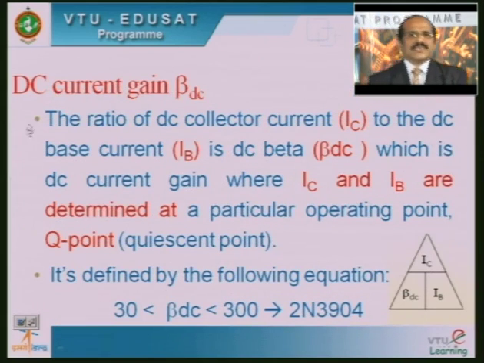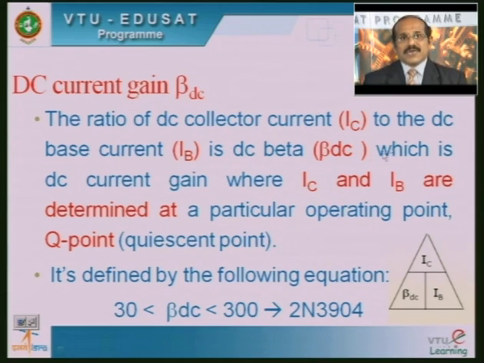Let us also see the DC current gain, called beta DC, that is the common emitter DC current gain. Current gain is the ratio of output current to input current. In common emitter, the output current is the collector current and the input current is the base current. The ratio of this output current and input current gives you the beta DC value.